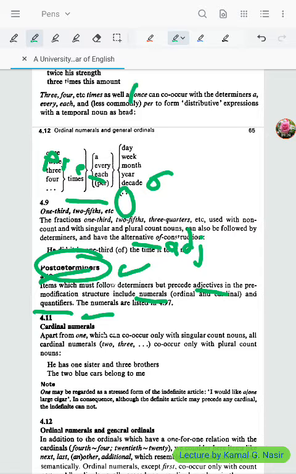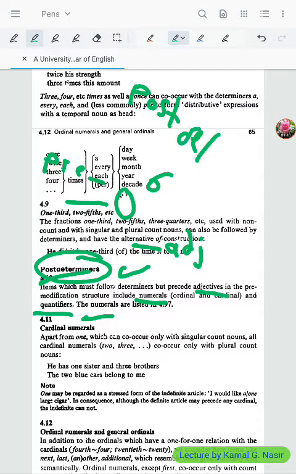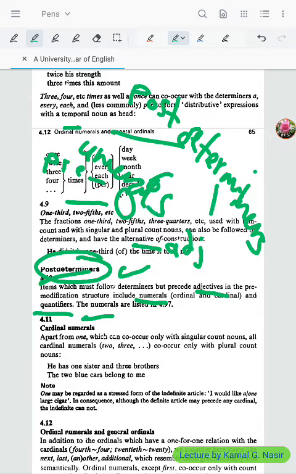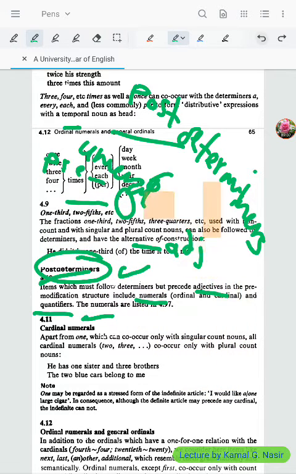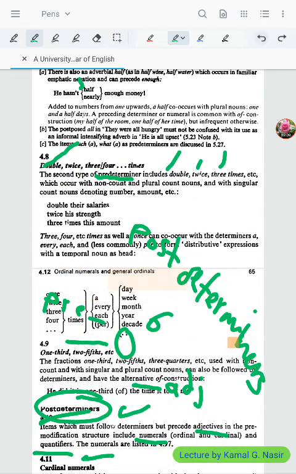So post determiners are classified into numerals and quantifiers. And the numerals are classified into cardinals and ordinals. Good. Look well.